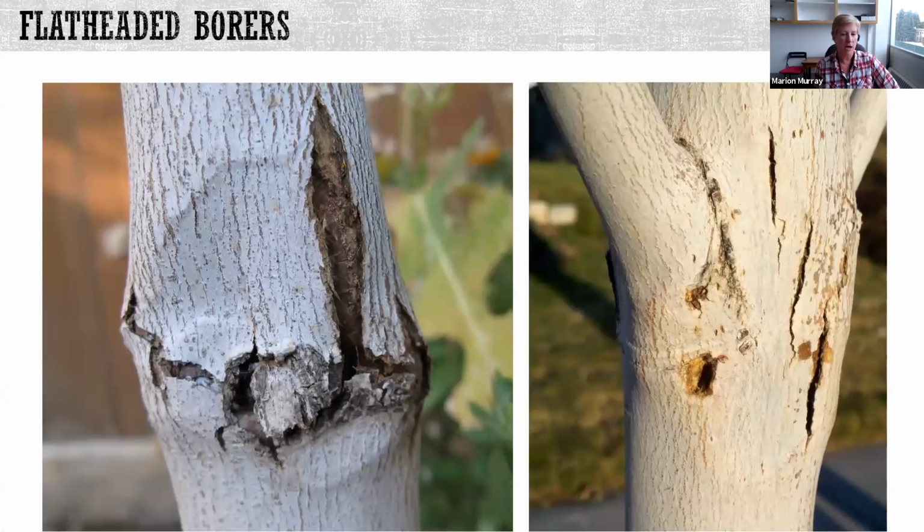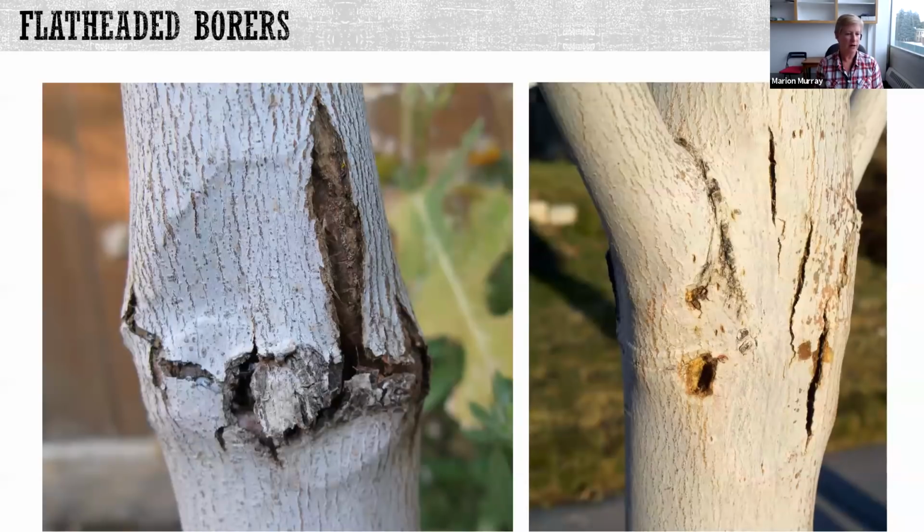All right, so I wanted to finish up with some symptoms on bark that can maybe mimic or fool you into thinking it might be a canker. Flat-headed borers also attack stressed trees, and the feeding site will often kill the bark and the underlying tissue, so it looks similar to what you might see with a canker.